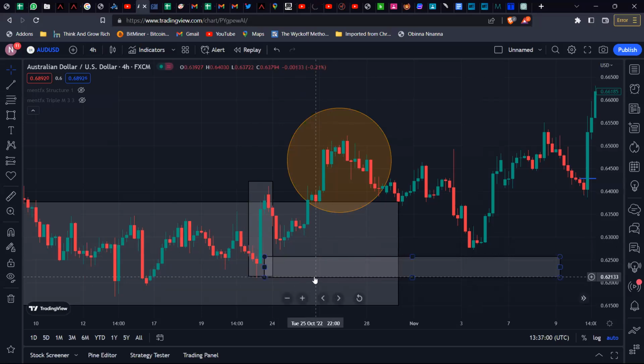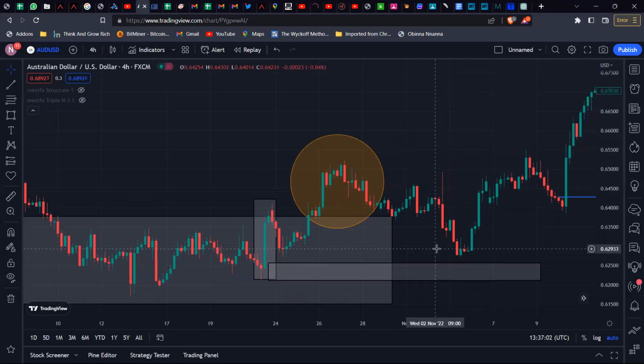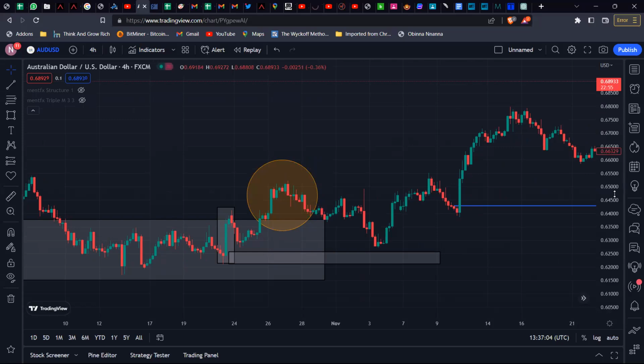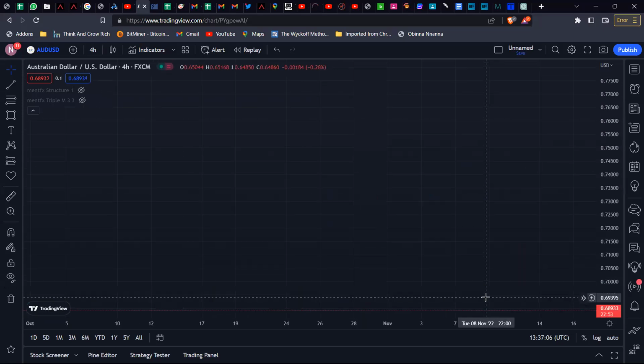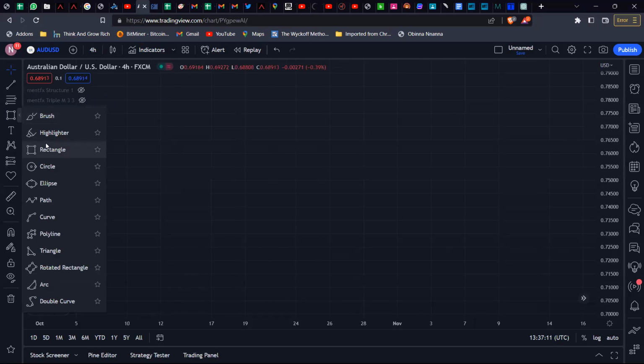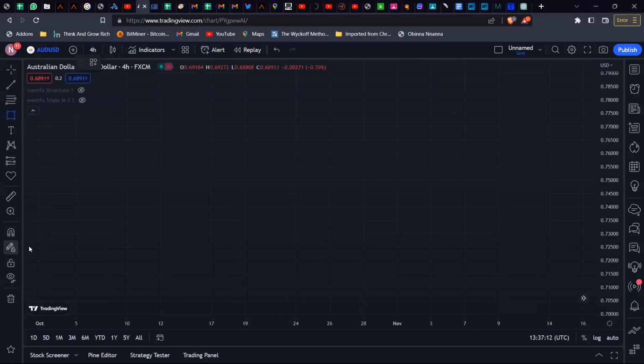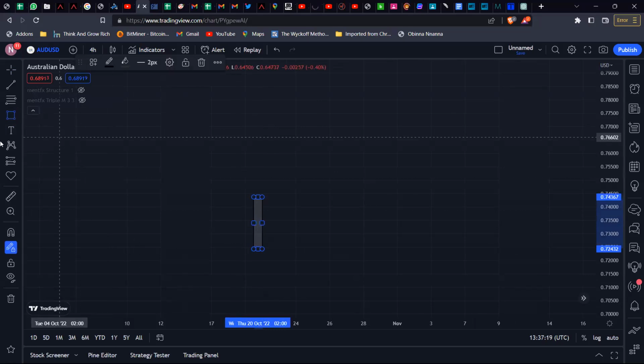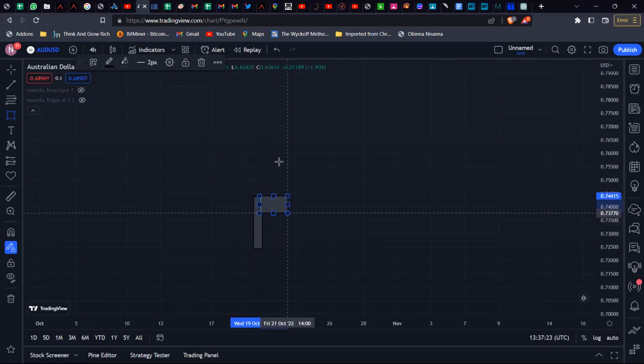And when you find imbalance with leftover order blocks, so in a nutshell, let me see if I can quickly draw with my candle. So let's say we have a candle like this that is bullish, right? And then let's say it closes there.